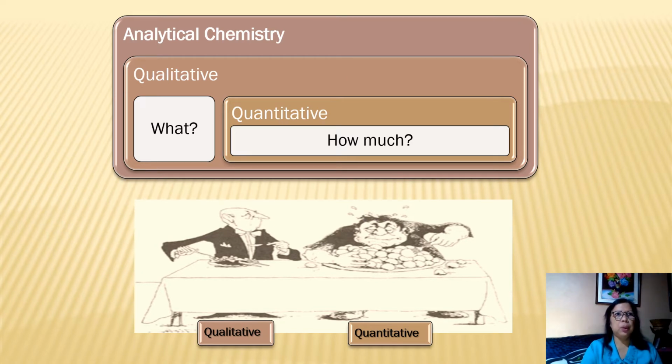So how are you going to measure the sourness? How are you going to prove that it is sour? So you get your pH paper or you get your pH meter. If the blue litmus paper changes to red, what is this?